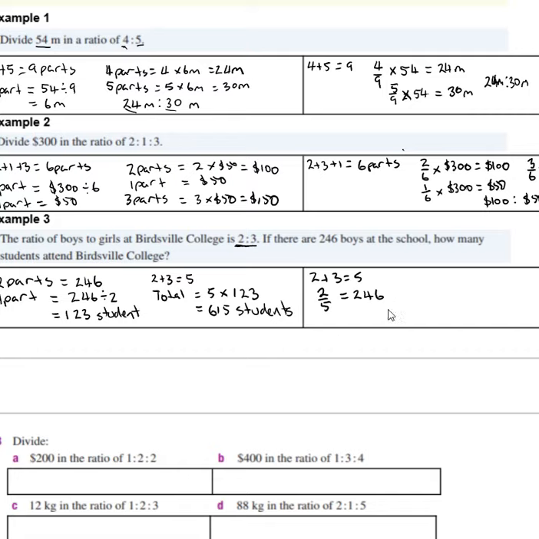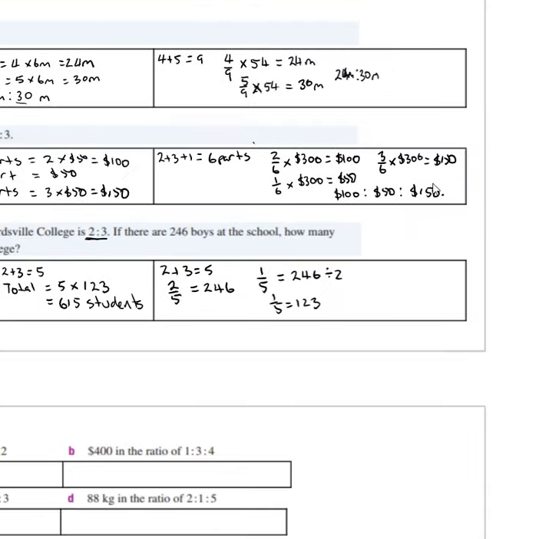So if we find out what 1/5 of the school is, 1/5 will very simply be 246 divided by 2. So 1/5 will equal 123. And finally 5/5 will equal 123 times 5, which will equal 615 students.